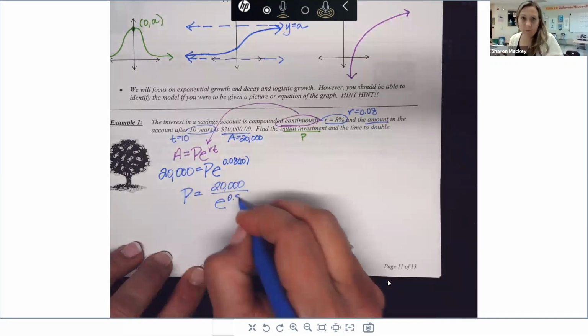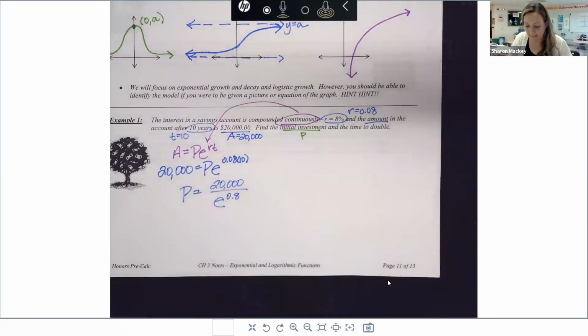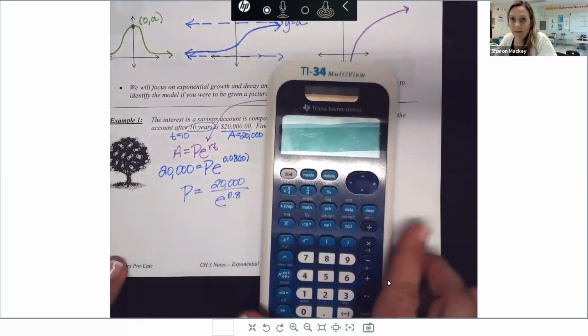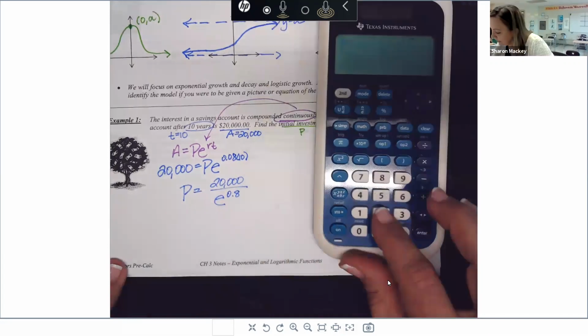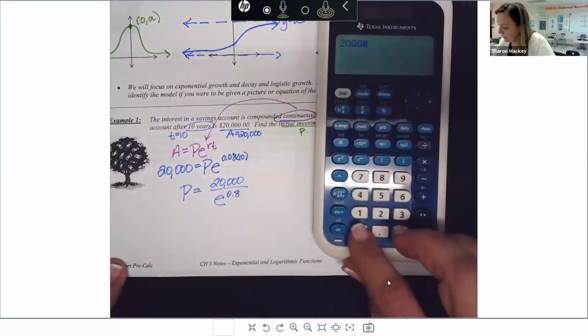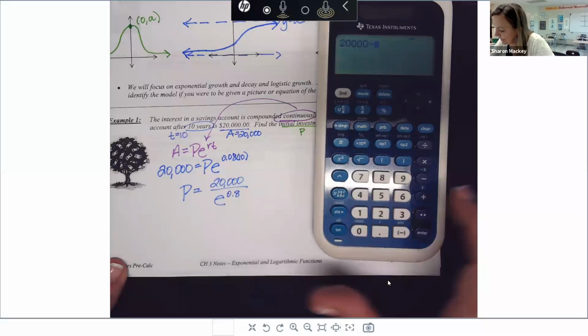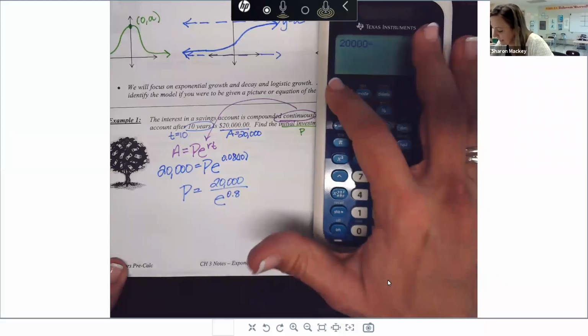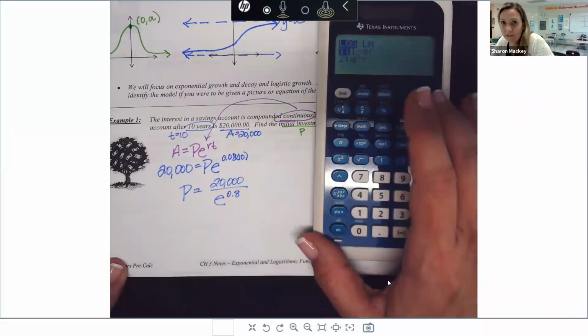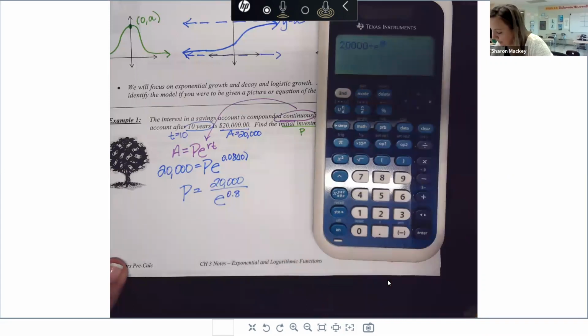So I just multiplied the 0.08 times 10. And then you would just put that in your calculator. So in this case, you could put 20,000, and then you can just divide it by, and then remember to get to e on this type of calculator, you have to go into the log part.